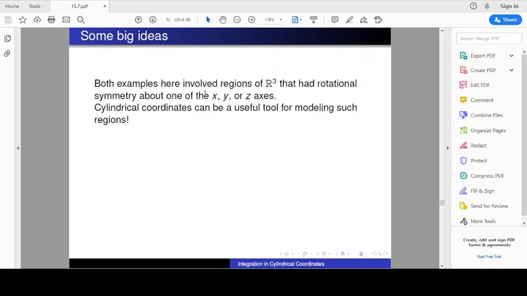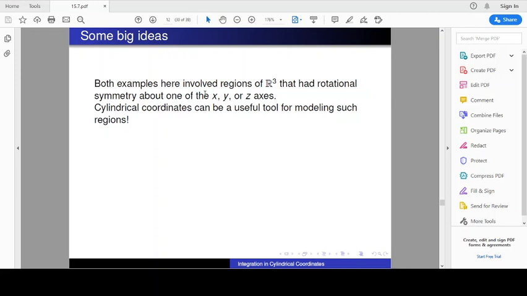Let's sit back and look at some big ideas here. Both of the examples that we saw had regions of space with rotational symmetry about one of the coordinate axes. And that's going to be the guiding principle.